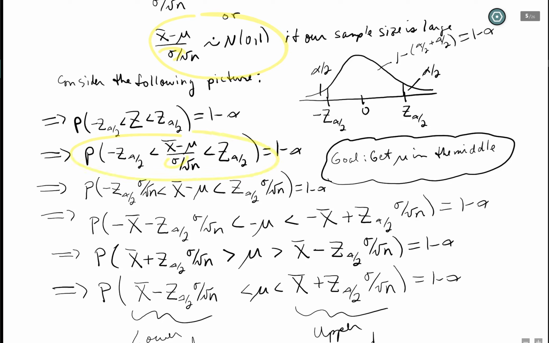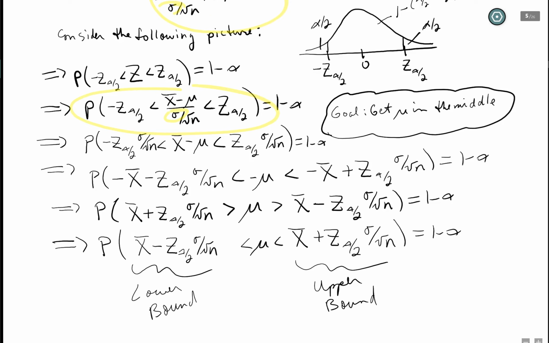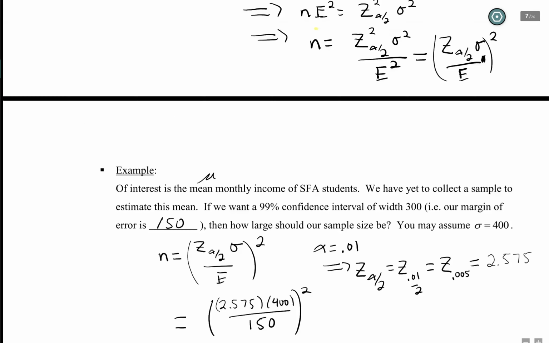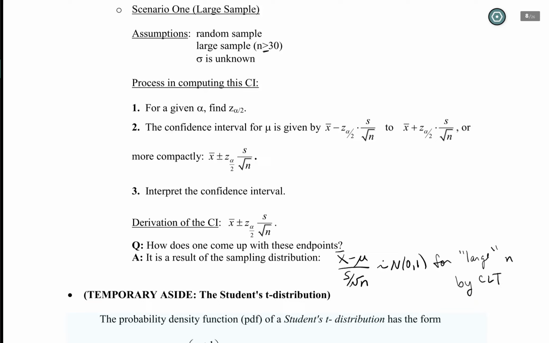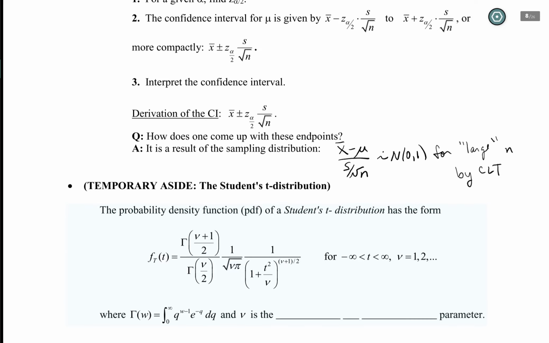We would have S in there, and then you would solve for mu, and you get the same structure, except you've got an S here and an S there. So that sampling distribution of (x bar minus mu) over (S over root n) is the foundation, the derivation point for the confidence interval here.